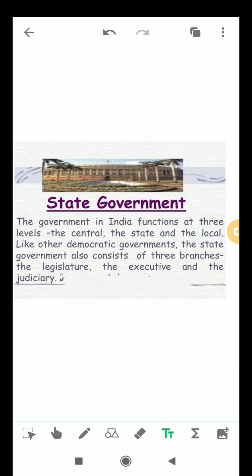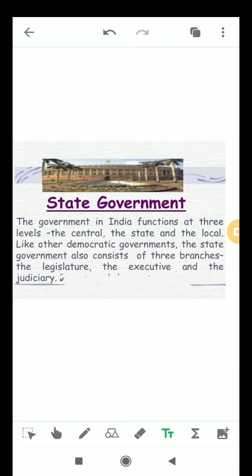It manages the affairs of the state at 3 levels, that is legislative, executive and administrative. In this chapter we will know more about the state government and its functionaries, the role of the chief minister, the council of ministers, and different functions of the government.